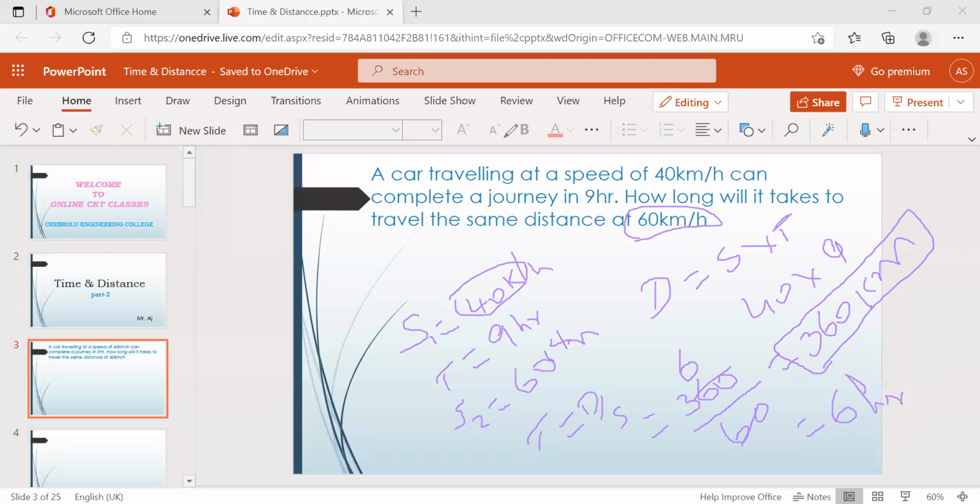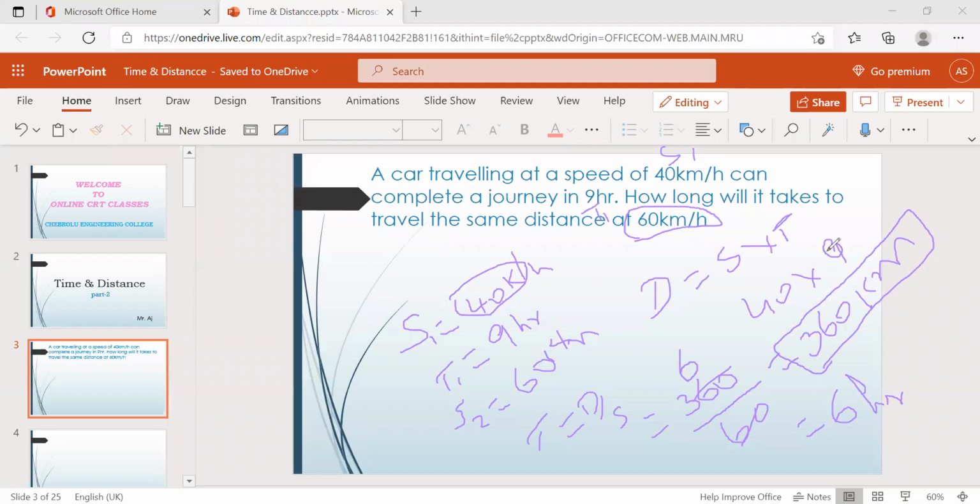Guys, first of all, just see the data they given in the question. First they given speed 1 and time 1, and the distance we need to find out. They didn't mention the distance. What's the distance equal to? Speed into time. Speed is 40 and time is 9 hours.